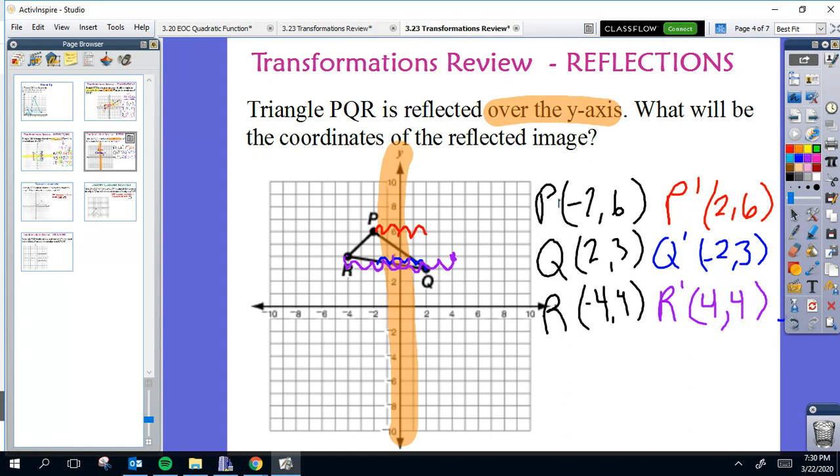So right here are my final answers for my reflected image. If you guys notice a pattern, when I'm reflecting over the y-axis, the only thing that changes is the x value. They flip to become the inverse while the y values all stay the same. So again, another trick for you to remember when you're flipping over the y-axis.